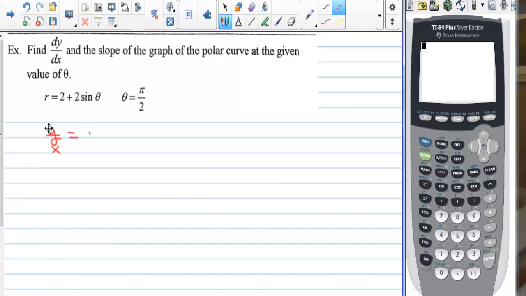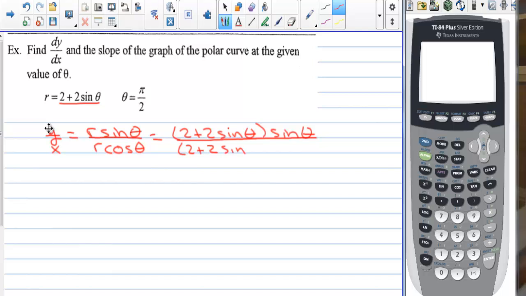Well, y is equal to r sine of theta, and x is equal to r cosine of theta. Now r is 2 plus 2 sine theta, so we have (2 plus 2 sine theta) times sine theta over (2 plus 2 sine theta) times cosine theta.